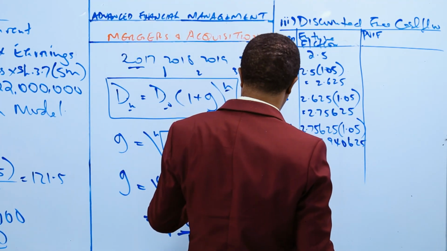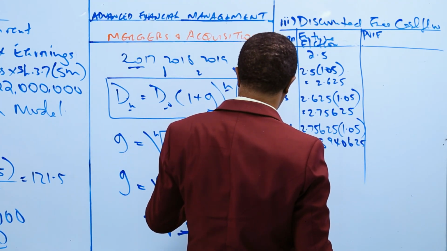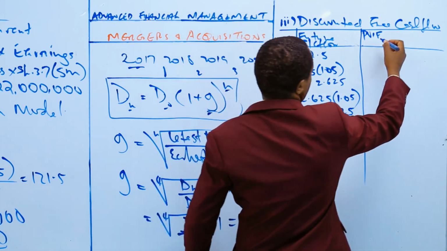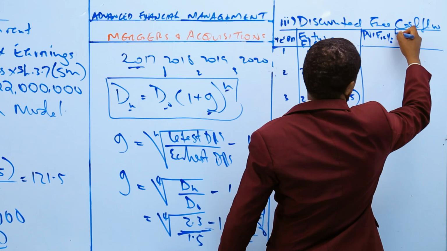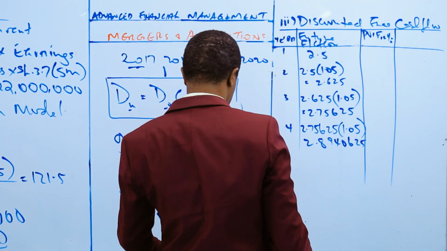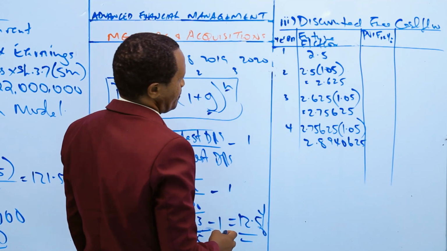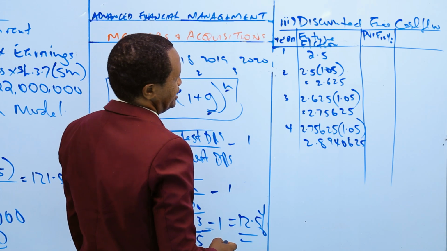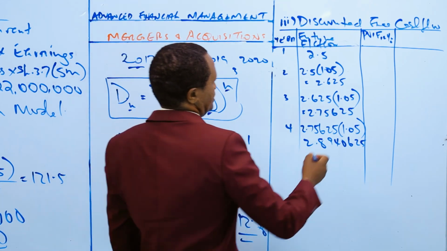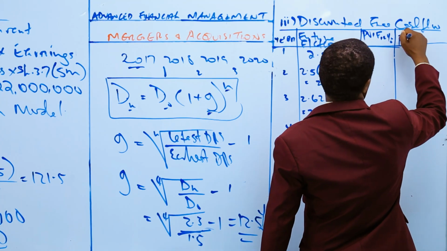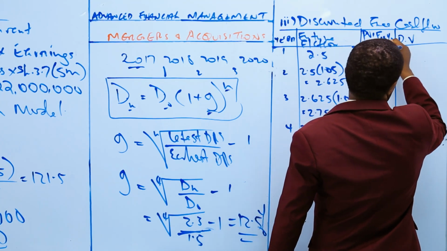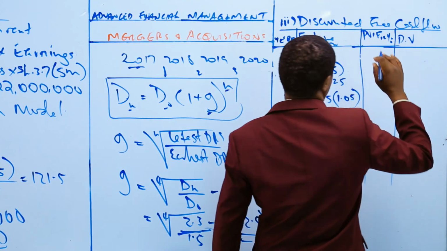The discounting rate is 12%, for N years. Then this will be the present value. The last column is the present values.